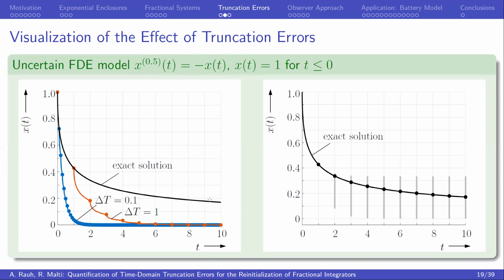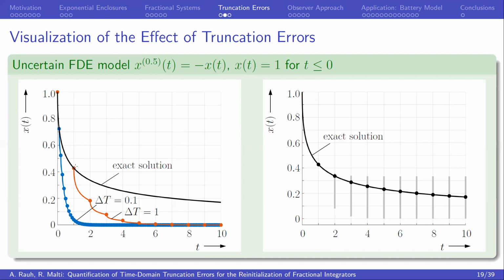Now we naively integrate, for example, in the red curve from t equal to 0 till the point t equal to 1. Now we restart the integration, ignoring the fact that the past was not constant, and just replace the initial condition by this red dot.